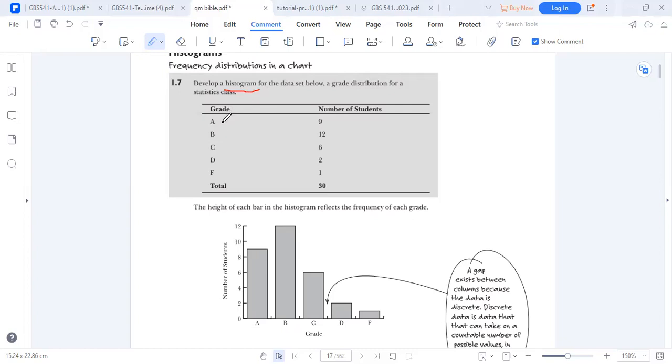If you get 60 to 64, that is a B. Then 65 to 75, that is maybe an A. So these ones are discrete, they're not continuous, they don't intersect. So this is a histogram.